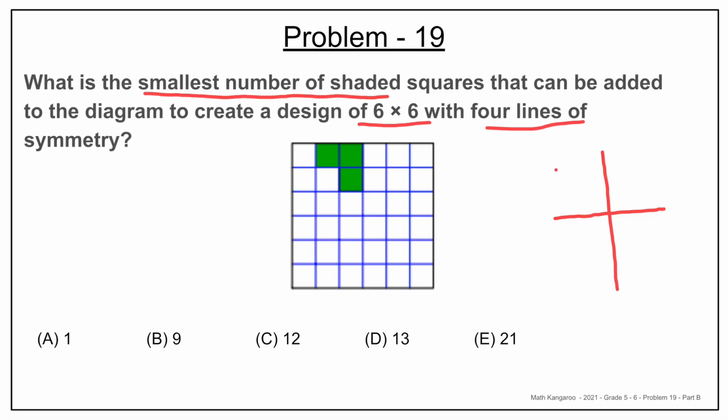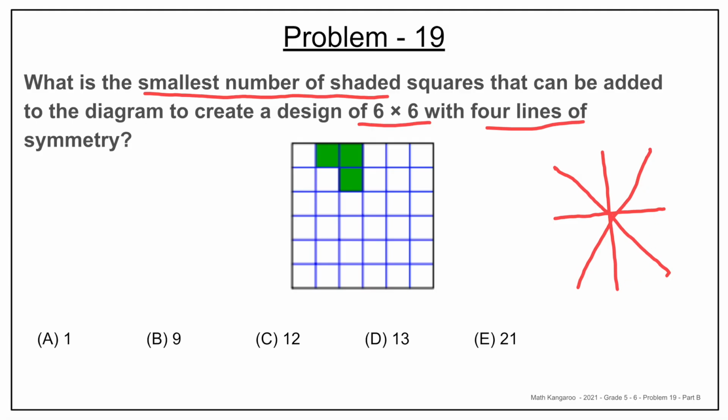If a line is drawn diagonally, that is top left to bottom right, the shape in this area should be the same as in this area. If a line is drawn anti-diagonally, that is from top right to bottom left, then the shape covered in this area should be the same as in this area.